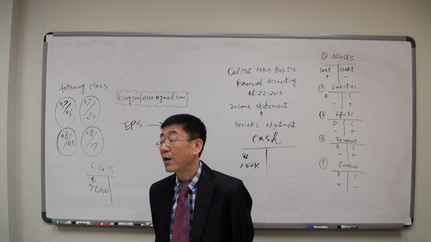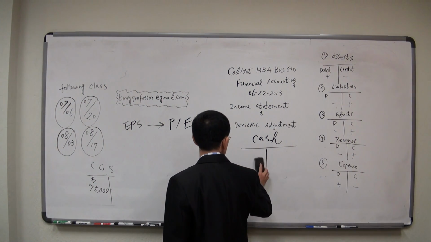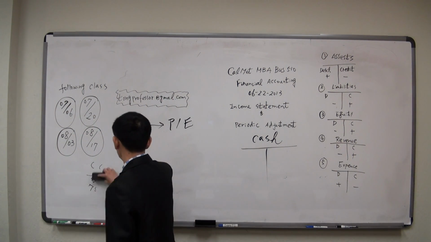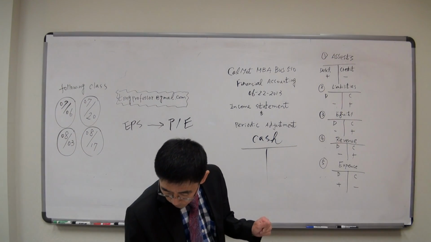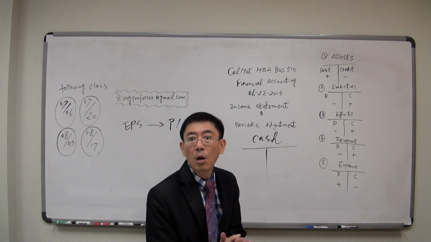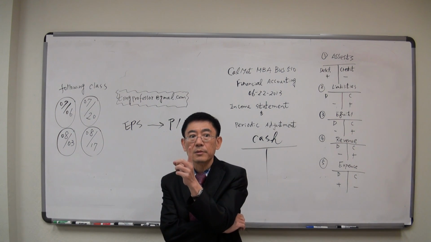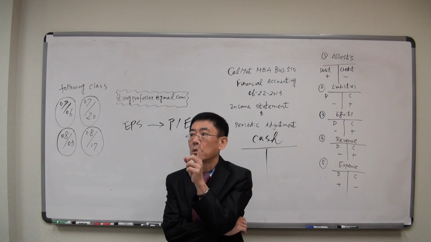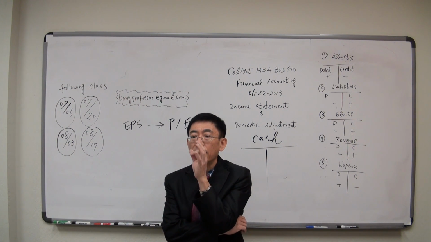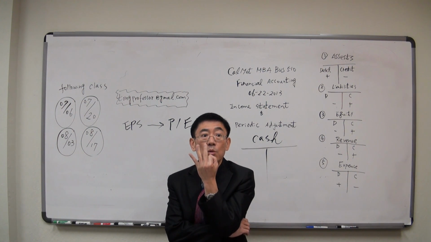So we have cash $400, but when we receive $400, only 100 is the revenue. Another $300 is for the future revenue.